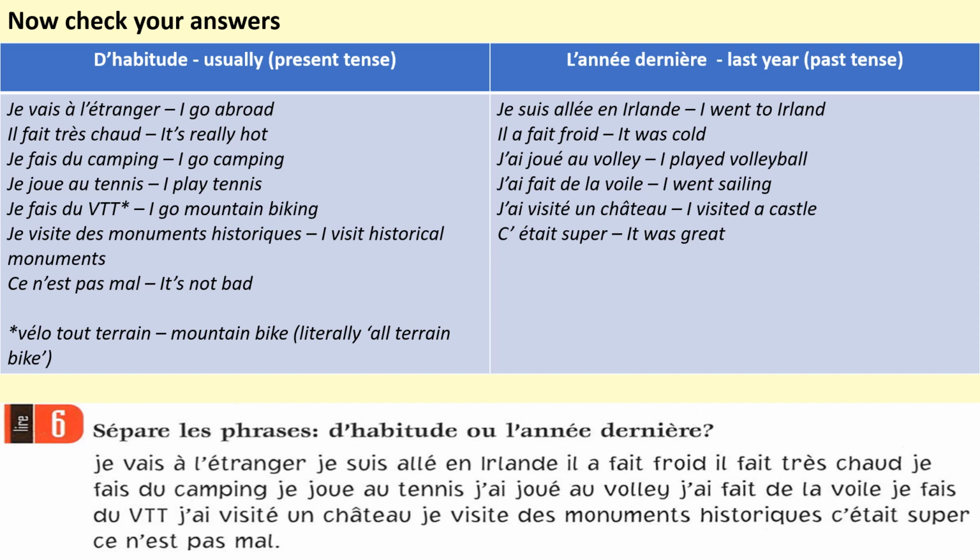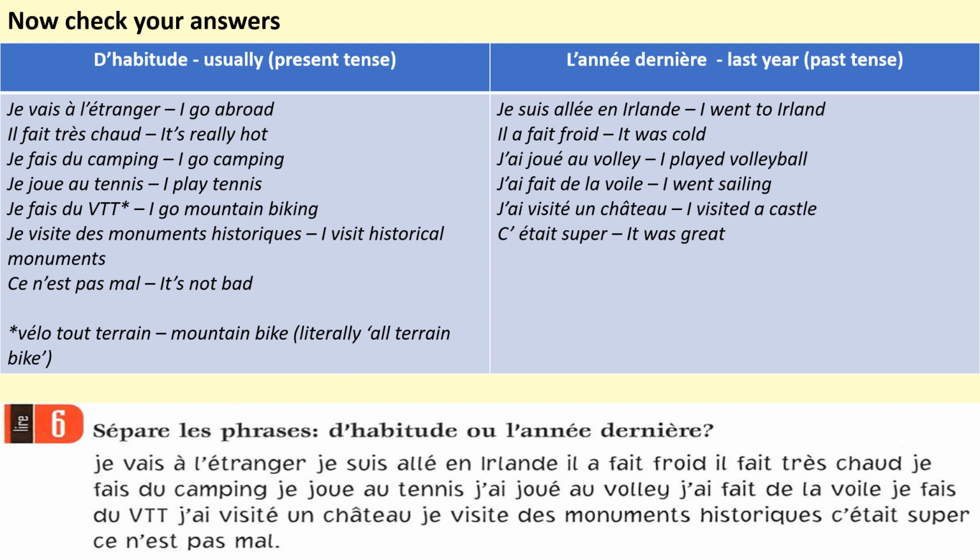Je visite des monuments historiques, I visit historical monuments. Ce n'est pas mal, it's not bad. And with the star there, it explains to you what VTT means, going mountain biking. So V stands for vélo, and then T, tout, and the second T for terrain. That literally means an all-terrain bike.